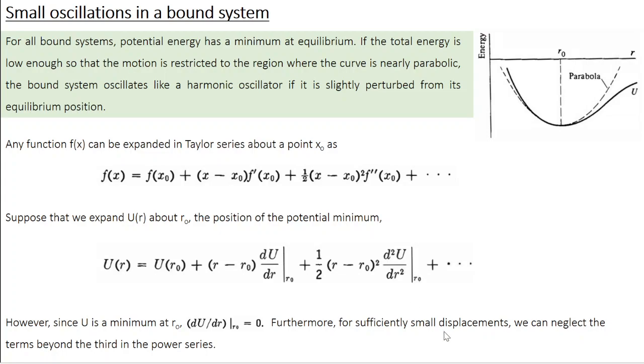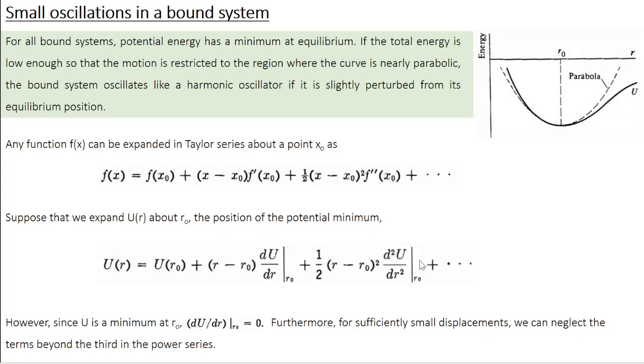Now, if the displacement is sufficiently small, what is the value of displacement? It is r minus r naught, because r naught is the equilibrium position and r is the instantaneous position. So r minus r naught gives you the displacement from the equilibrium position. If this value is sufficiently small, then you can neglect all the higher order terms beyond the second order.